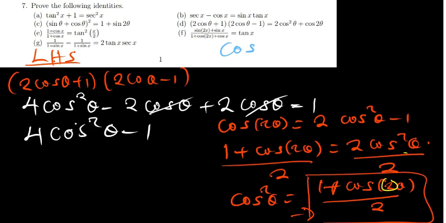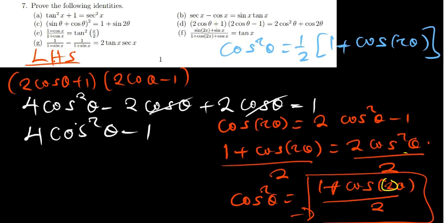I can say cos squared theta is equal to half, then 1 plus cos 2 theta. What I've done here is the same as this. I've just factored out half, so that when I do half times everything inside, I'll come back to this.